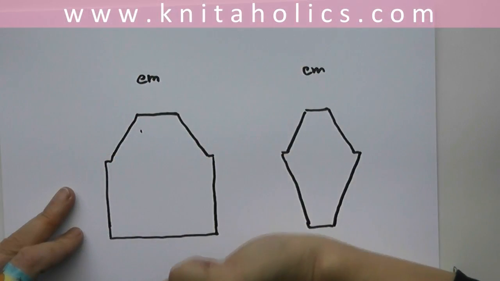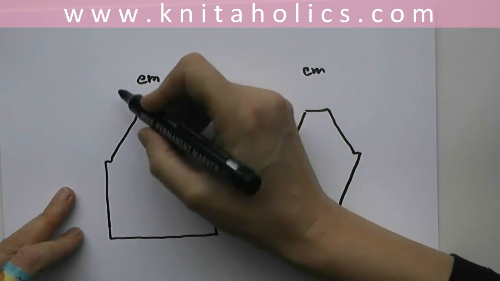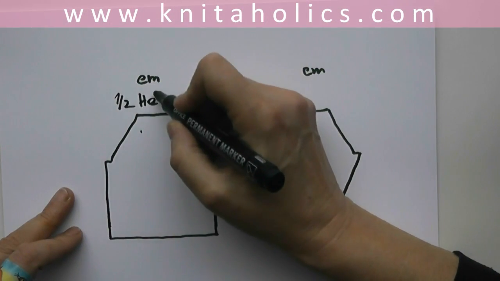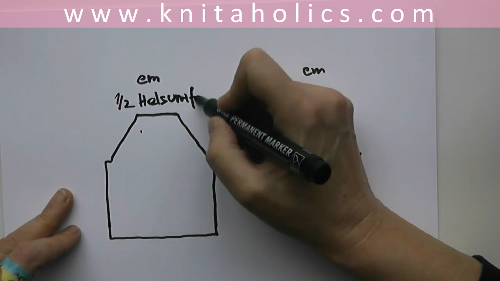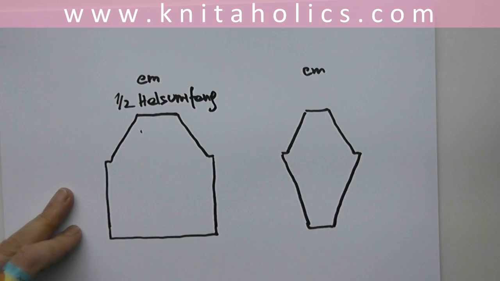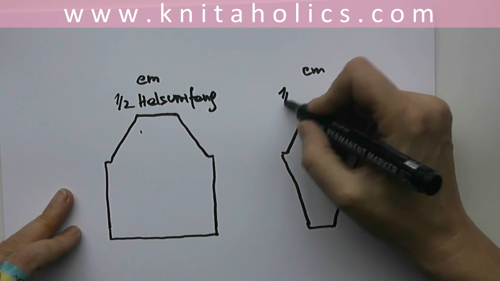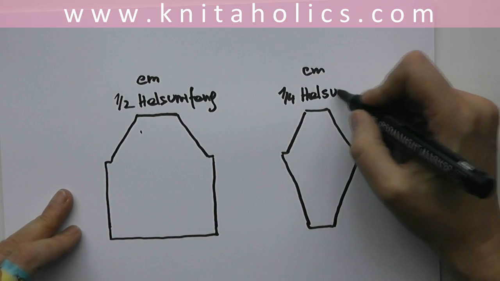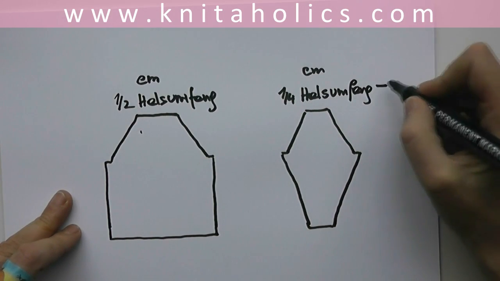So this is centimeters. This is the rules first. The top part of the front is half of the neck circumference. For the top of the shoulder of the sleeve, we have 1/4 of the neck circumference minus 2 centimeters.